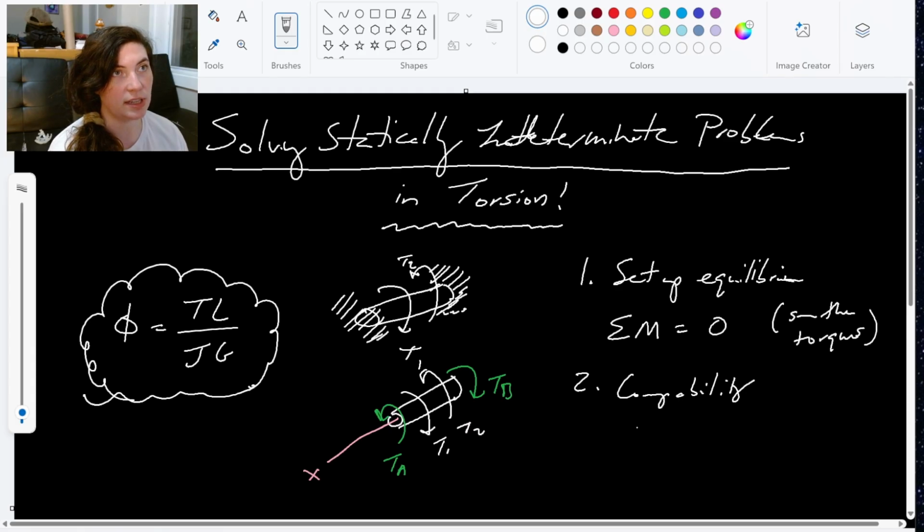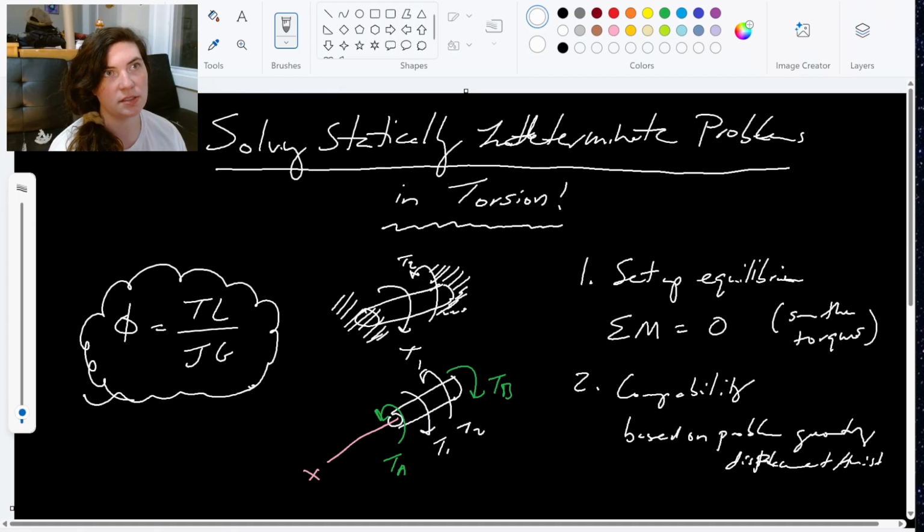Right, so we set up compatibility based on the problem geometry, displacement. You can think of it as displacement or the twist is a good way to think about it.